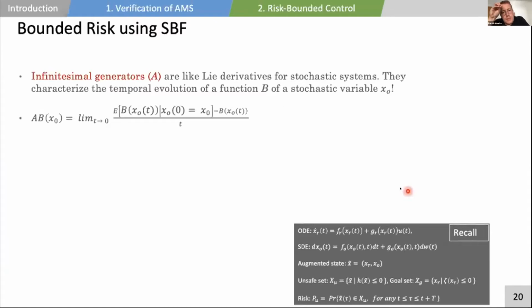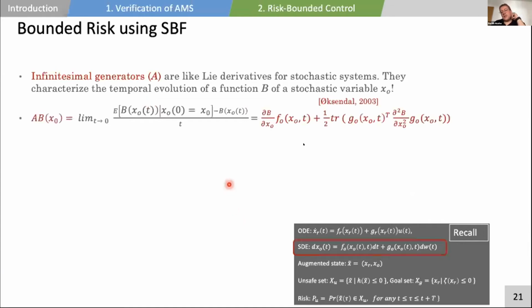So we use a mechanism. In traditional barrier functions, you use Lie derivatives for computation of derivatives. Basically, Lie derivatives exactly describe the temporal evolution of a function or a variable. But it is clear from this equation that the Lie derivatives describe that in expectation.